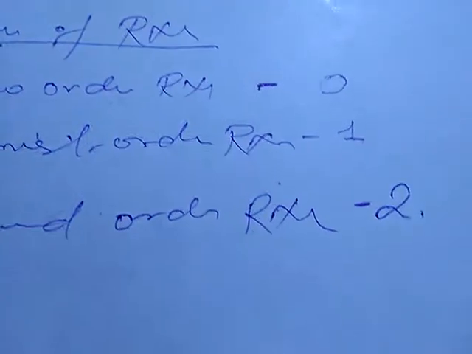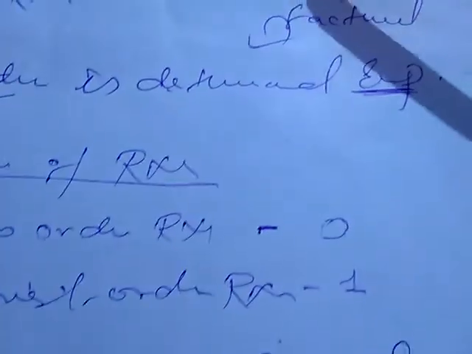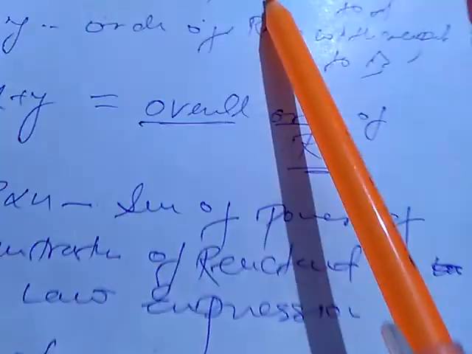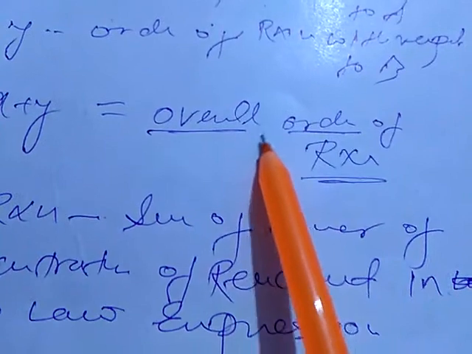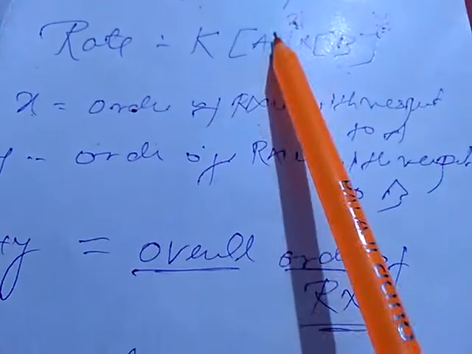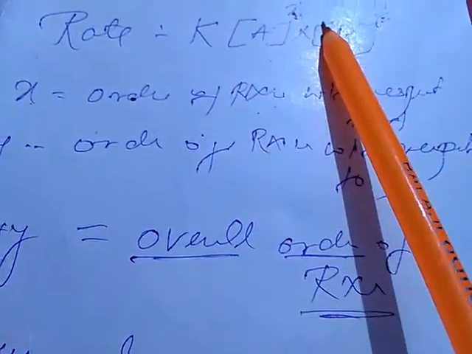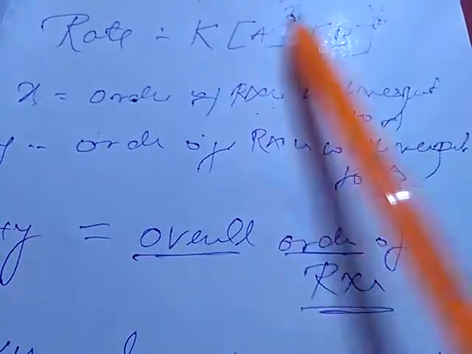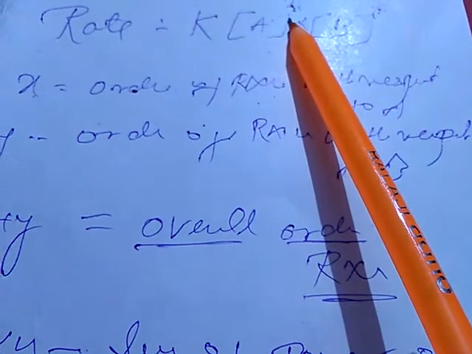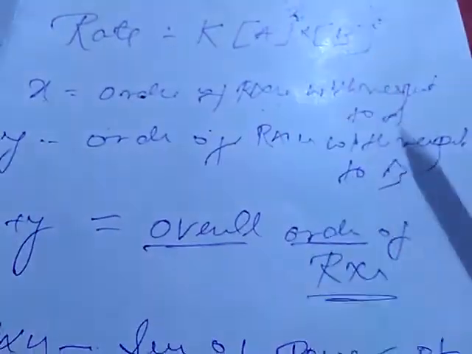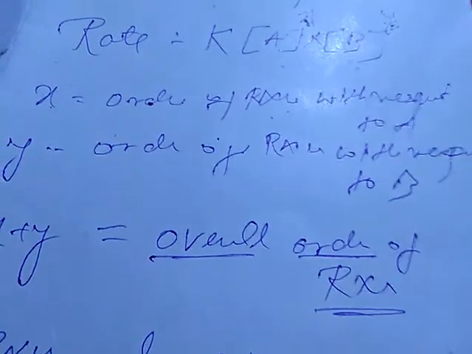And we all know that order is simply the sum of these powers. So if the sum of the powers written in the rate law expression is equal to 0, we call it a zero order reaction. If the sum of the powers becomes 1, we call it a first order reaction. And if it becomes 2, we call it a second order reaction, and so on.